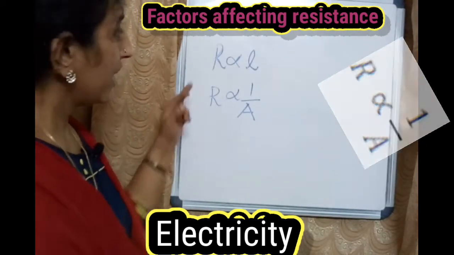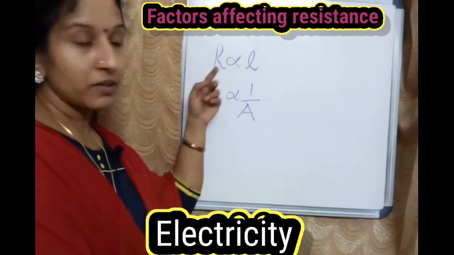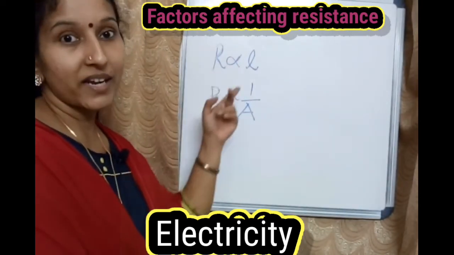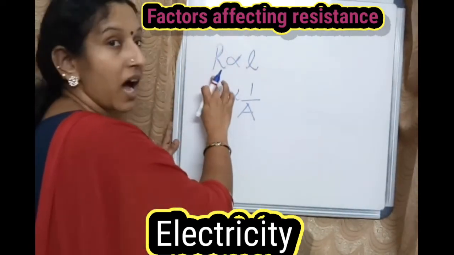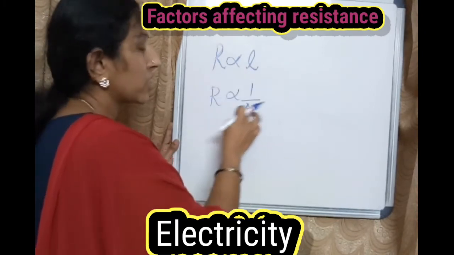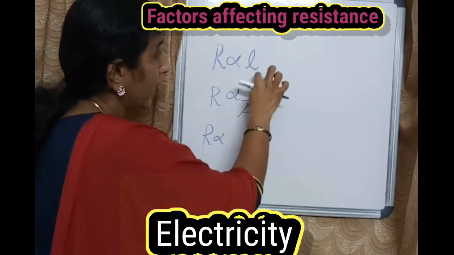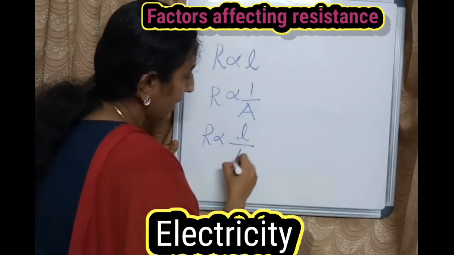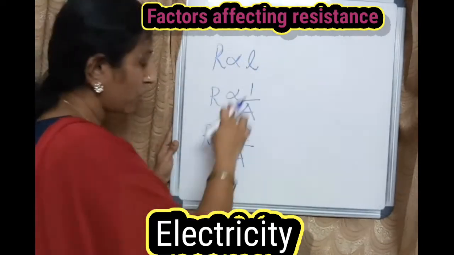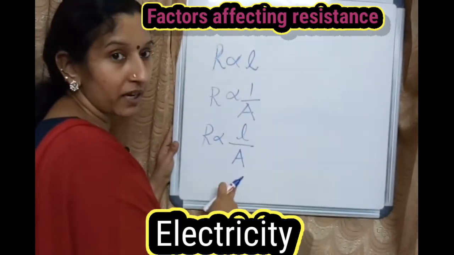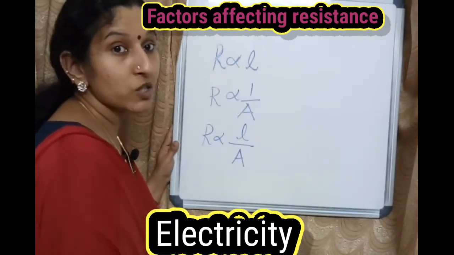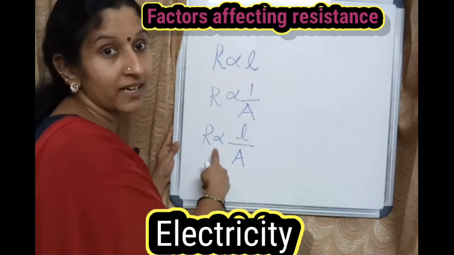The next step is to join, or consolidate, these two relations. On joining, we get R is proportional to L by A. Then normally our next step is to remove the proportionality sign.